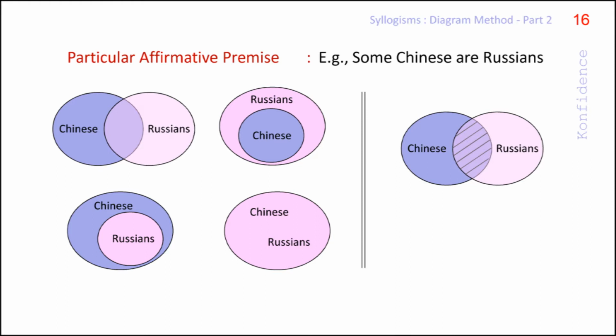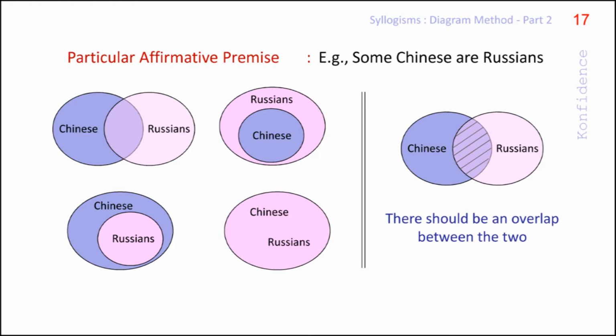You should remember that Chinese can go completely inside Russians, or Russians can go completely within Chinese, or Russians and Chinese can completely overlap to represent the same set of elements. But they cannot be disjoint. In all the diagrams, there is an overlap.